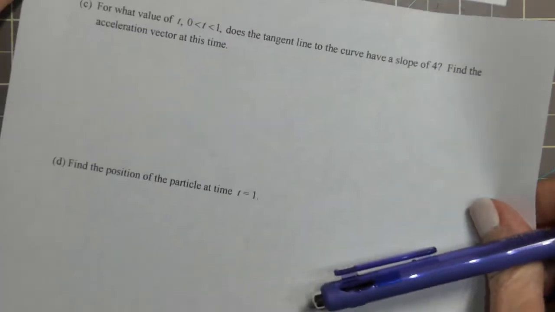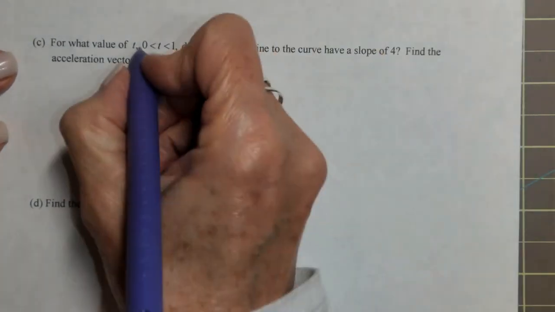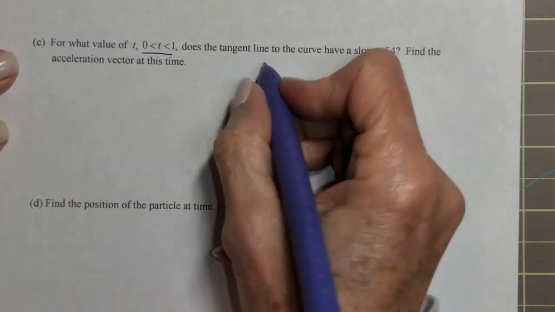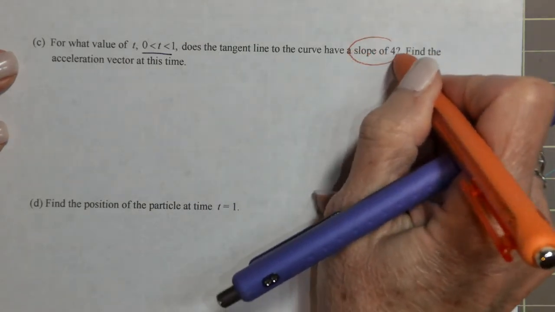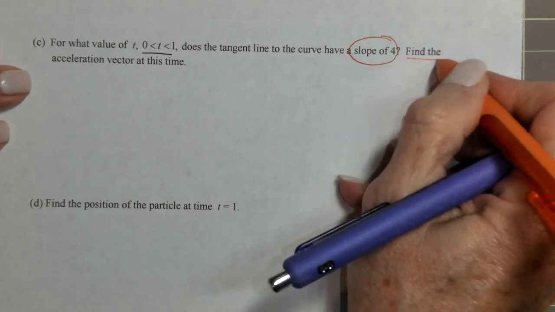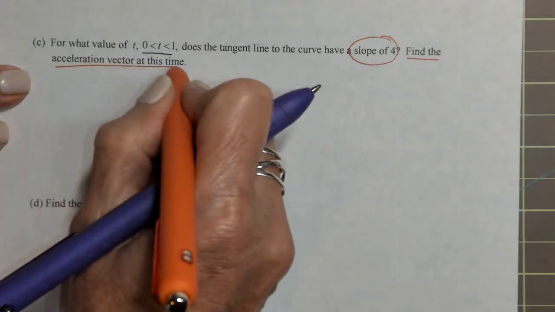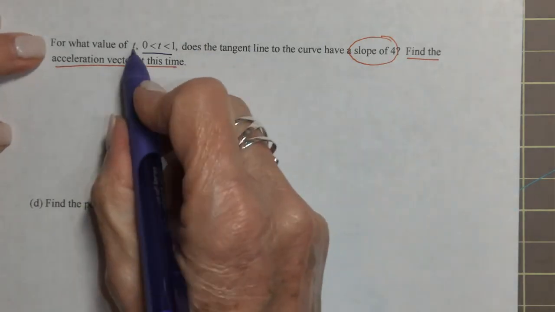On the next page, for what value of t between 0 and 1 does the tangent line to the curve have a slope of 4? Okay. And then we're supposed to find the acceleration vector at that time. Lots going on here. First of all, we're going to answer the first question.